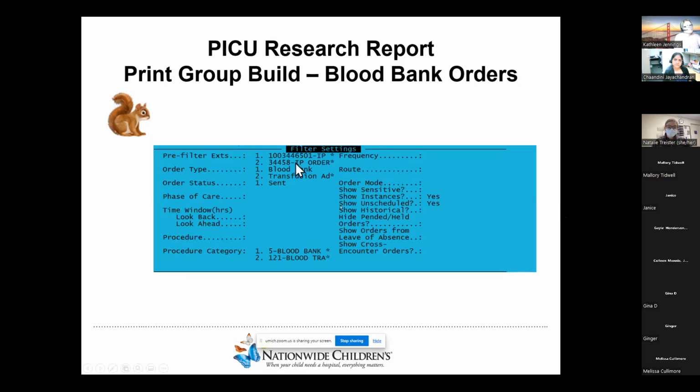And then you get to the next screen for the blood bank orders, and these are where those extensions came in. And then you have the order type, a couple of order types that we have, what the status of that order was, if it was sent, as well as a procedure category we put in in order to be able to display some of that information.